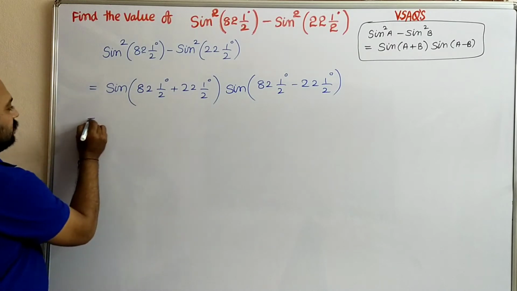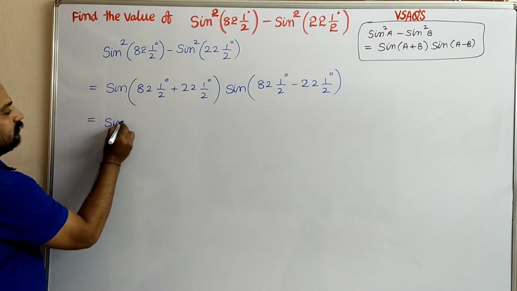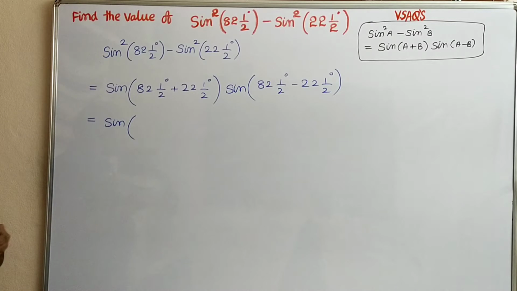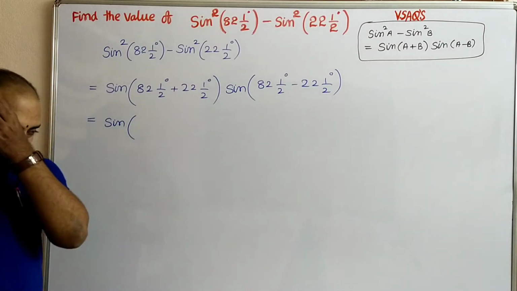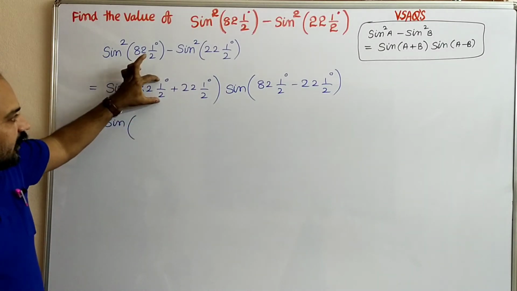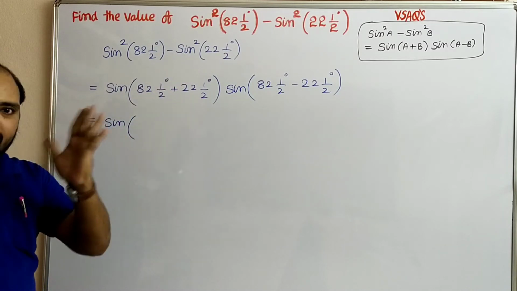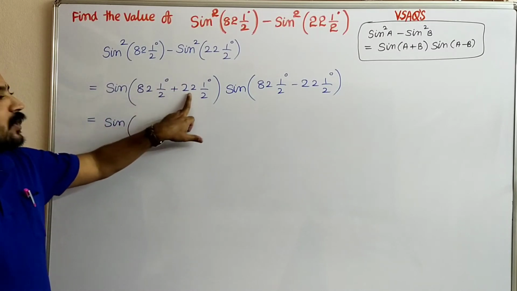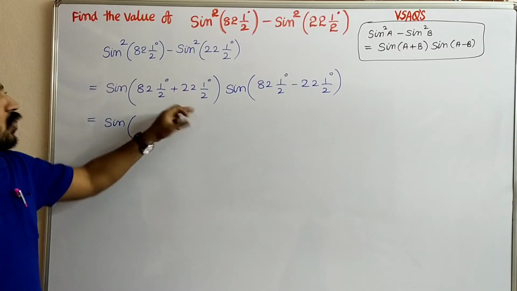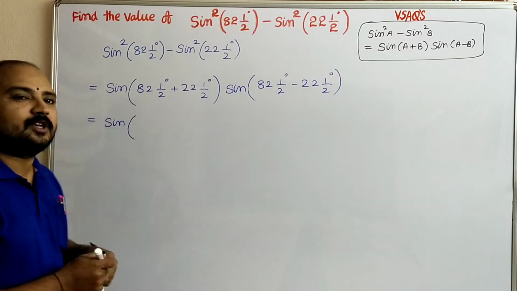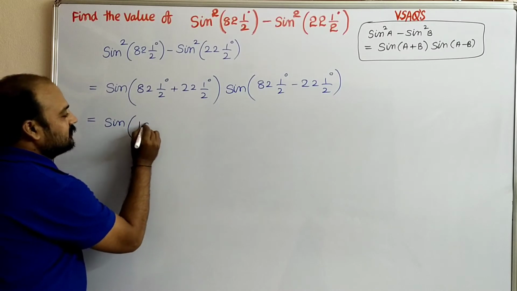Easy calculations you have to do. Half degree plus half degree is 1 degree. 82 plus 22 is 104. 104 plus 1 degree, so total it will be 105 degrees.